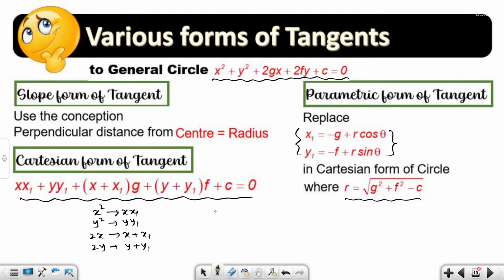Okay, so I will directly get the parametric form of the tangent. So again, I'm telling you, for the general circle, you don't have to remember any formula. You simply remember the tips and tricks that I told you. You can find out the tangent instantly. Okay, and at the same time, we have done a lot of sums in the previous class based on tangents.